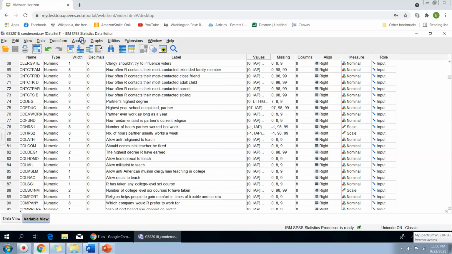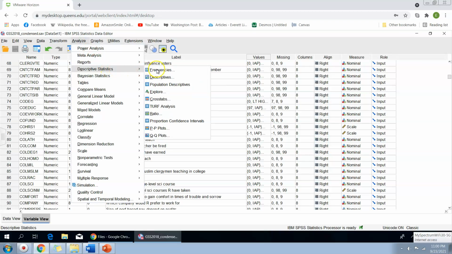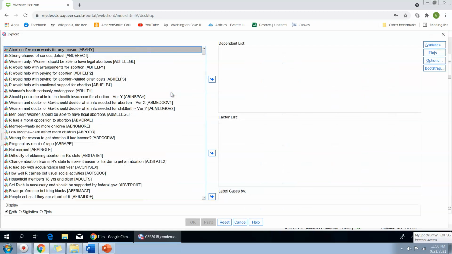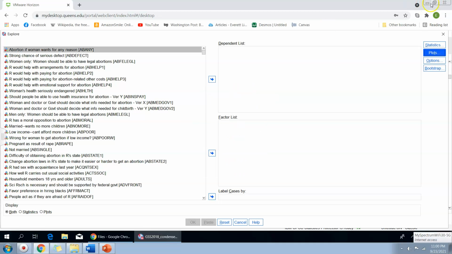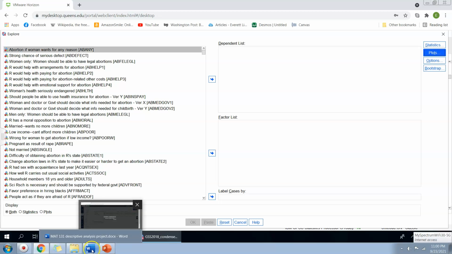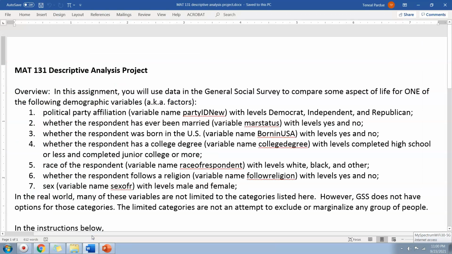You know how to do Explore by now. To see the histogram, remember you've got to click on Plots and turn the histogram on. I always turn the stem and leaf off, and that'll give you what you need here for your numeric variable.